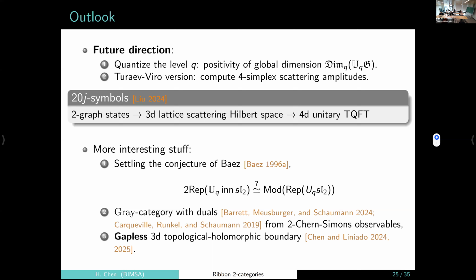And also, it's nice to have these decorated two ribbons and whatnot, but you also think about how you define the Turaev-Viro version. The Turaev-Viro version requires essentially a monoidal two category, but you do need pivotality in the sense that you have object level and morphism level pivotality.